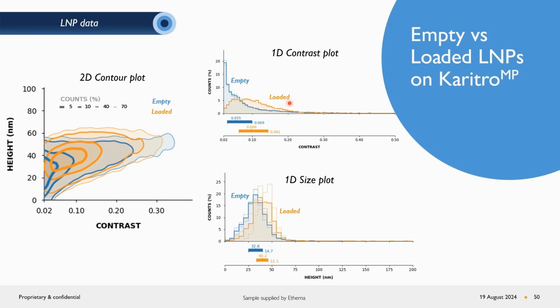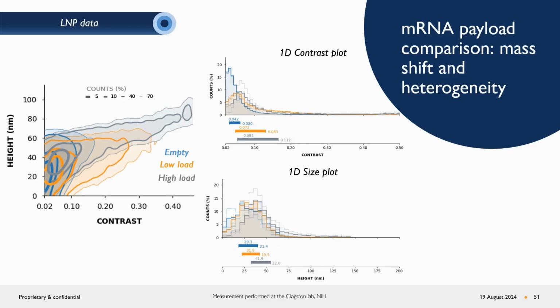And you can see the numerical value in these bars on the bottom, where we have the median value on the top of the bar, and the IQR, so the interquartile range, which would correspond to the broadness of this peak, or to the heterogeneity, let's say, written on the right of the bar. So what we can see here is that upon loading, the LNPs shift to values of larger mass, which is to be expected.